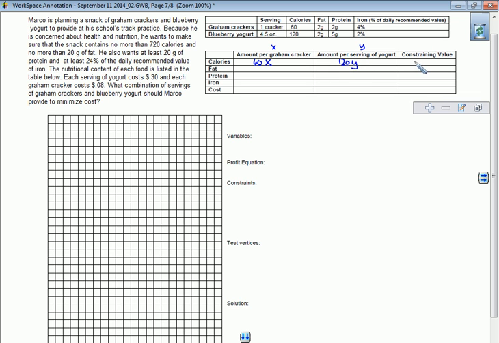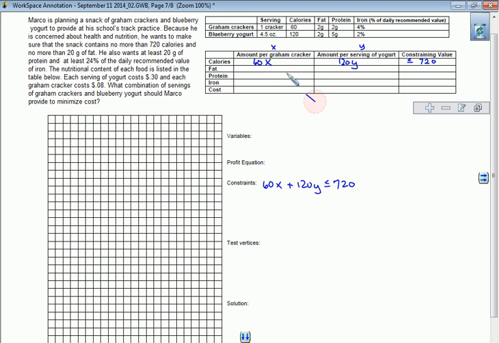And altogether, how many calories at most or at least? 720, and that's at most. So this would be less than or equal to 720. So we just came up with one of our constraints: 60X plus 120Y is less than or equal to 720.